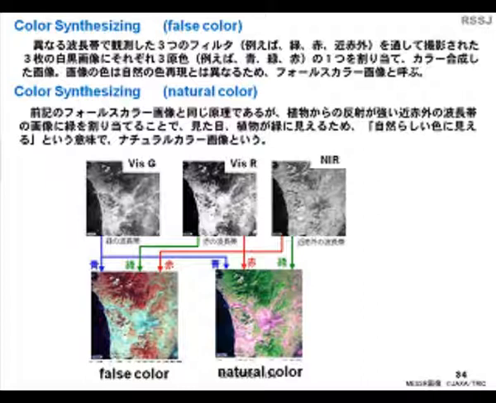This one is visible data of green and red. And we synthesize the grayscale, locating each channel to each color. So we can combine the colors, and almost the same color is generated.